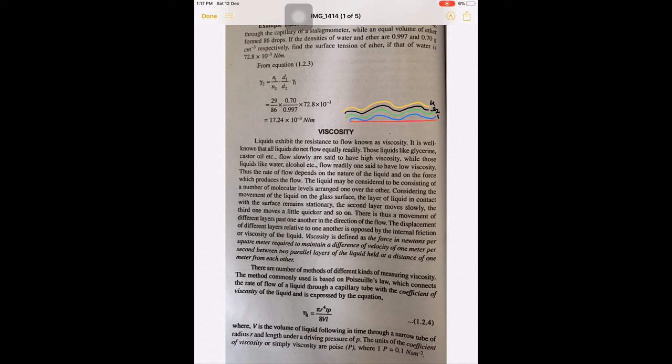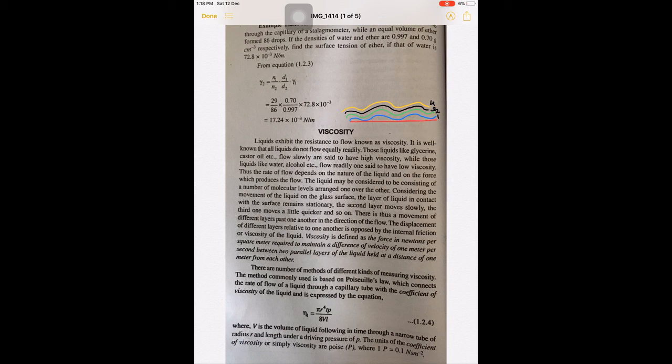This flow of liquid over one another is because of the intrinsic friction, or the viscosity, of the liquid.